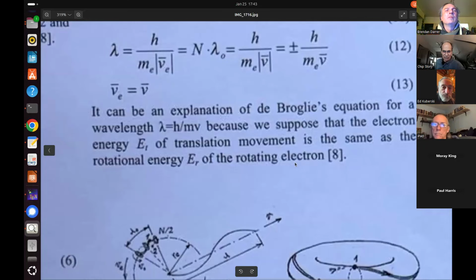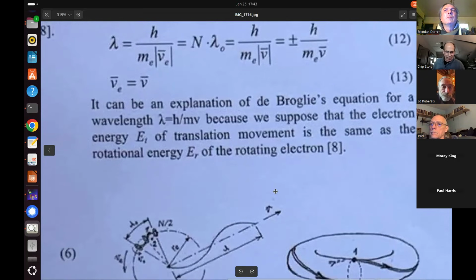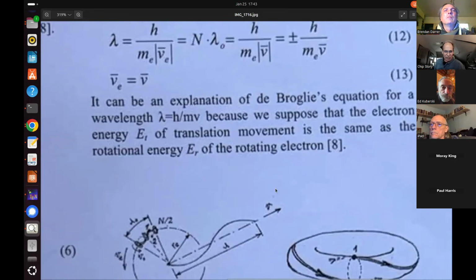Wavelength structure with subparts n times lambda sub 0 with velocities. It can be an explanation of de Broglie's equation for a wavelength, lambda equals h over mv, because we suppose that the electron energy E sub t of translational movement is the same as the rotational energy E sub r of the rotating electron.